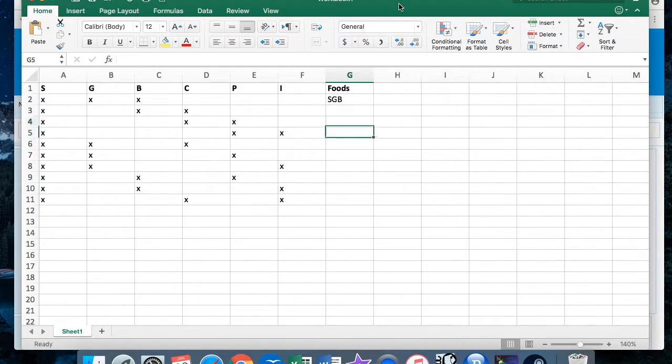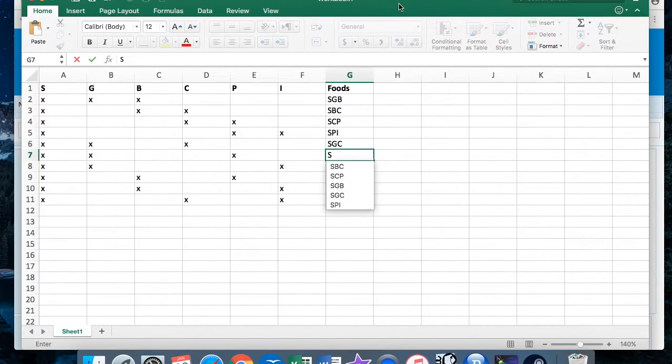Okay, so now what are these? This is S, B, C, and then S, C, P, S, P, I, S, G, C. Okay, so see, there's no copies yet, right?